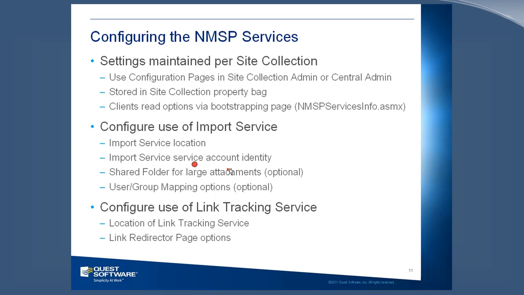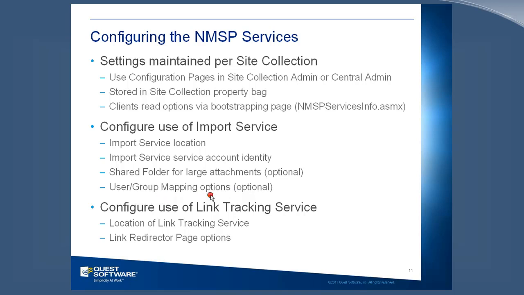The import service account identity. So this is, again, the identity you're using for the import service, the service account. If you want to, you can specify that shared folder, which is the thing that gives you that high performance for large attachments, and your various group mapping options. So this is very similar to what we showed you in the client configuration before.